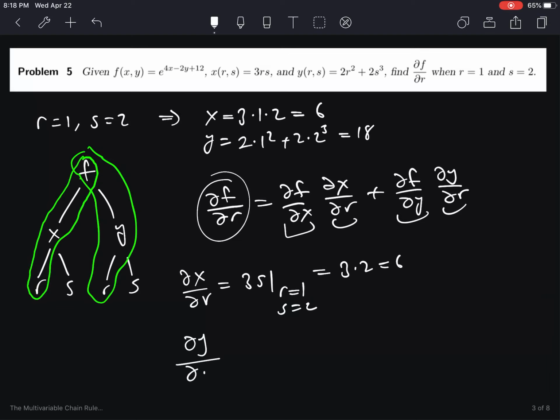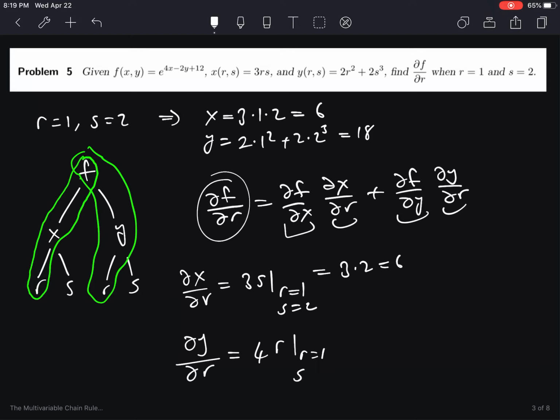And we need to find del y over del r. If we take the derivative of 2r squared plus 2s cubed with respect to r, 2s cubed is constant. So the derivative is the derivative of 2r squared with respect to r, which is 4r, because 2 times 2r is 4r.